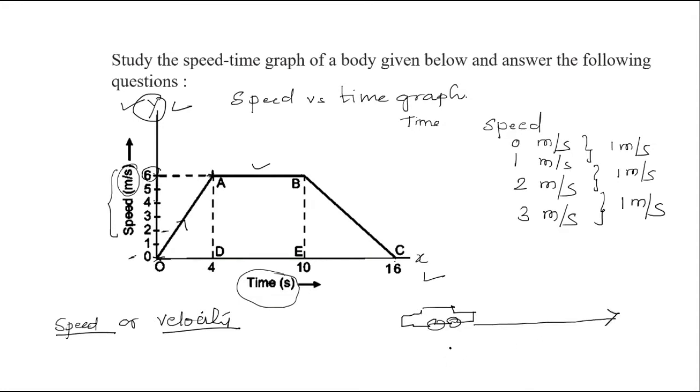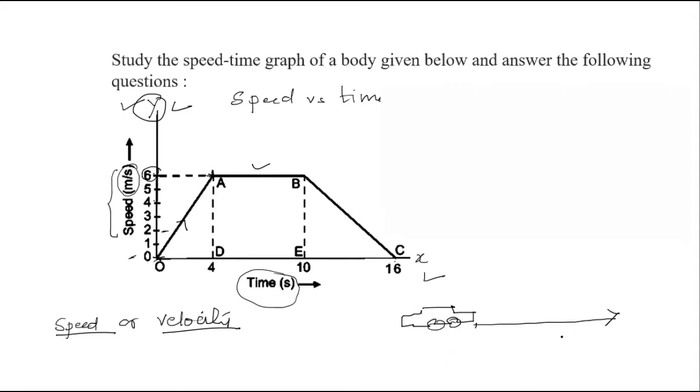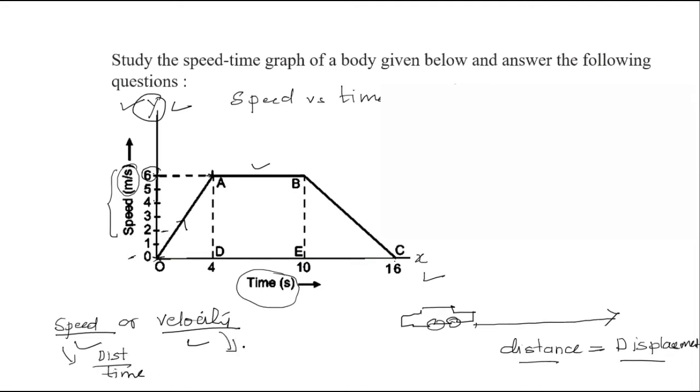If the object moves on a straight path, then distance is always equal to displacement, which you have studied. So when distance is equal to displacement, the velocity and speed will be equal, because speed is given by distance divided by time and velocity is given by displacement divided by time.